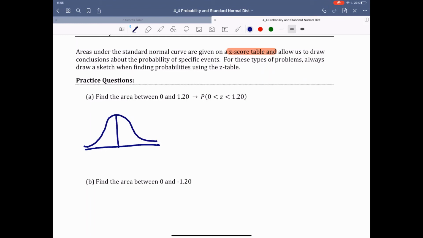Remember that for the standard normal distribution, the mean is 0, and the value of 1.2 is to the right of it. So 1.2, and what we're looking for is the area between 0 and 1.2. We can look up that area on our table by looking up the value of 1.20.